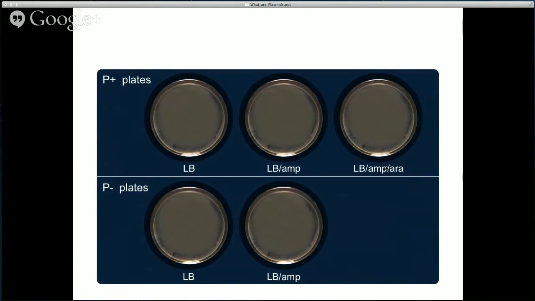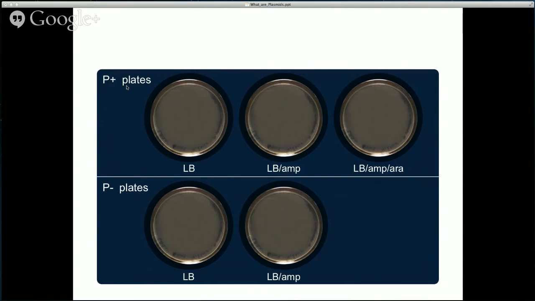So now this is the really important part. This is what's going to be on the quiz. Okay, this is similar to your pre-lab that you had. You were only given 4 different plates, 4 different conditions. Essentially, we have our P plus plates and P minus plates. P plus stands for our DNA fragments or plasmids that have been transformed.